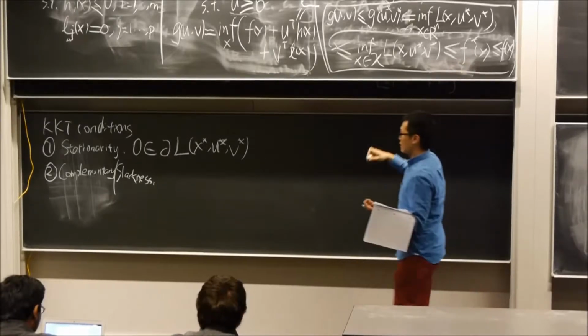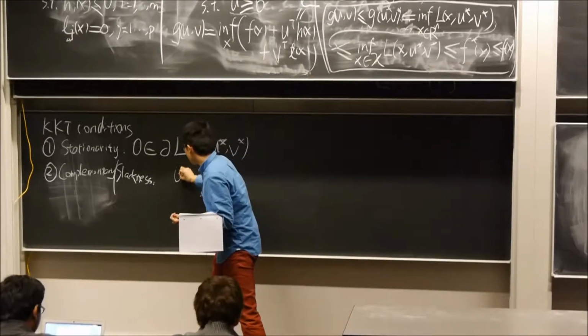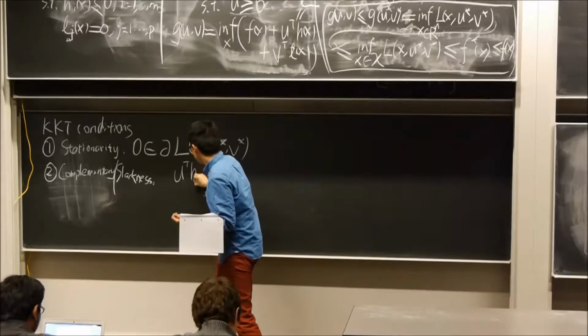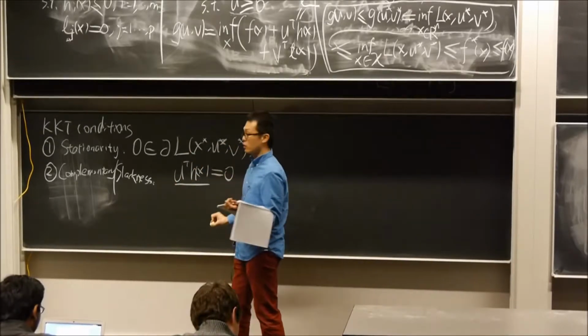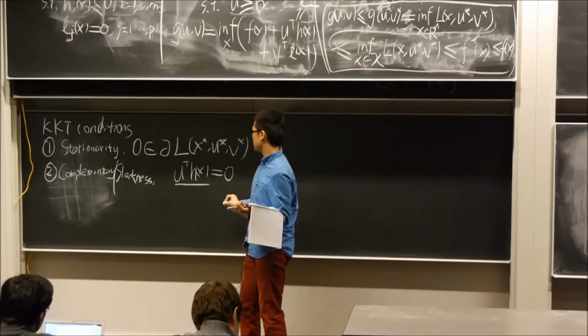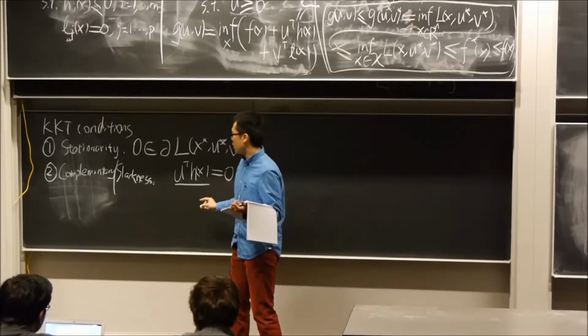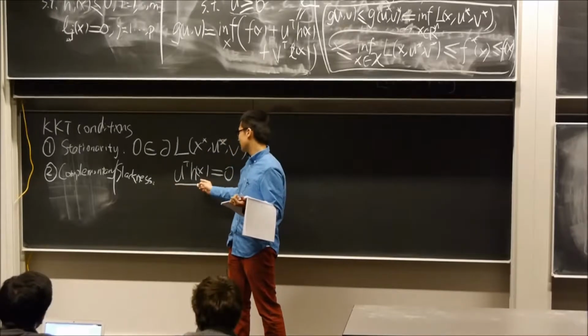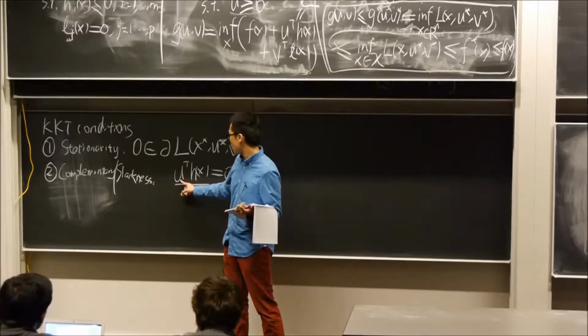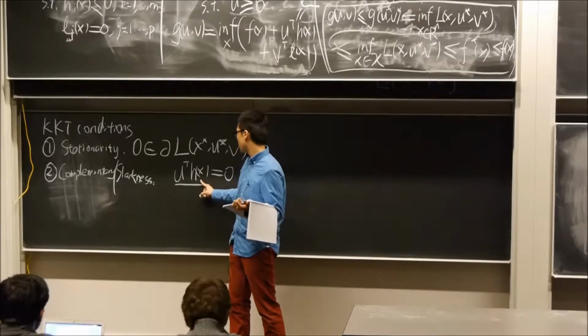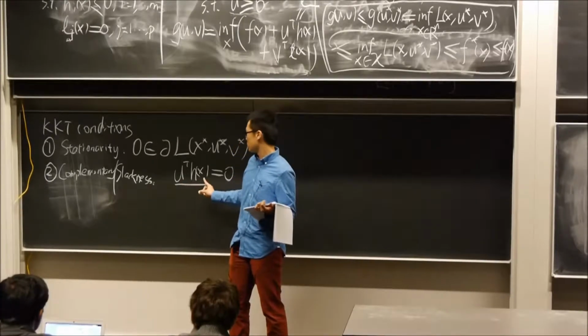So that means we need this term in the Lagrangian to be exactly equal to 0 instead of being smaller than 0. The reason why it's complementary slackness is that either one of these needs to be 0, because this is always greater than 0 and this is always smaller than 0 for all feasible x.